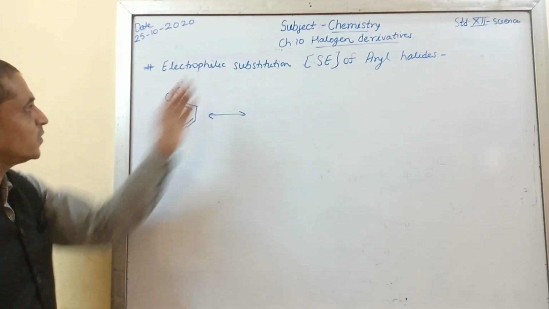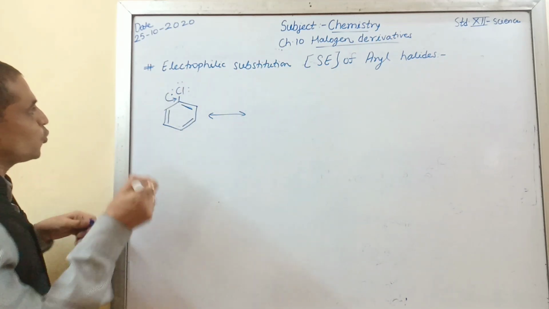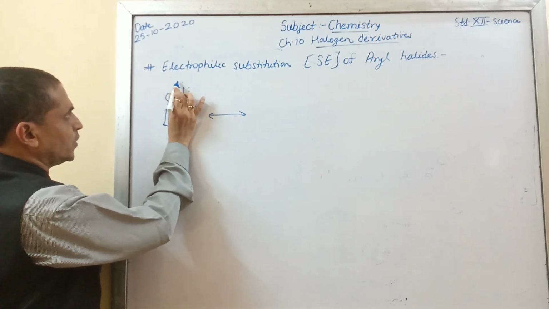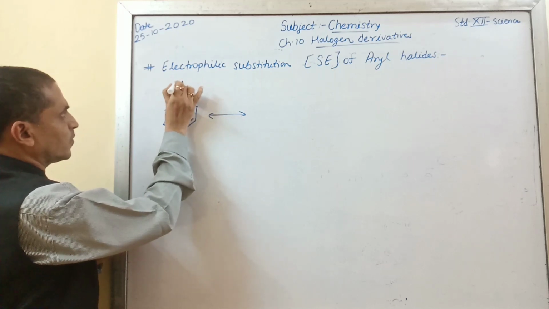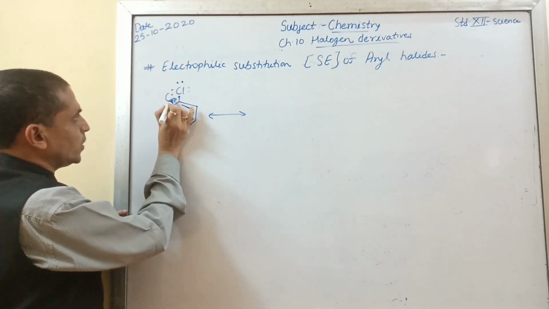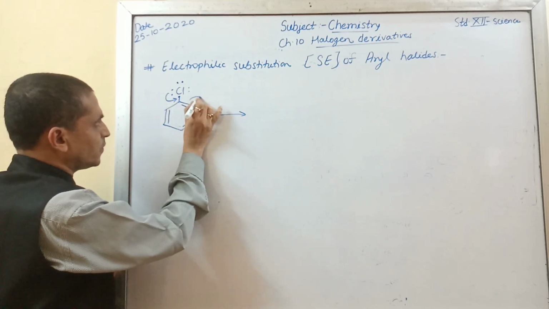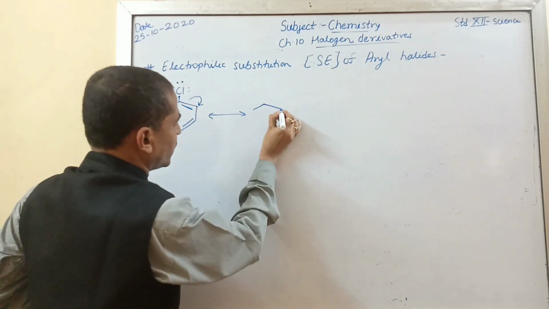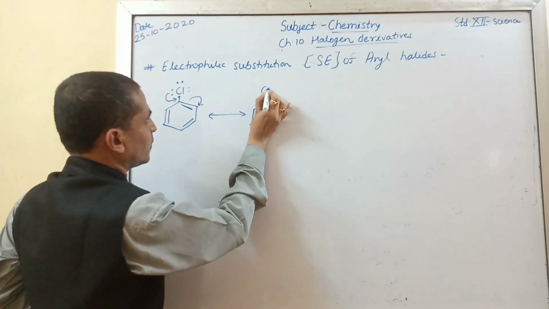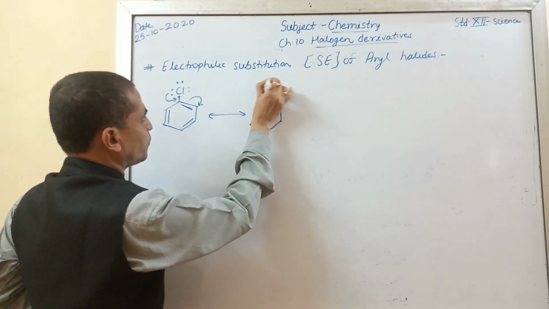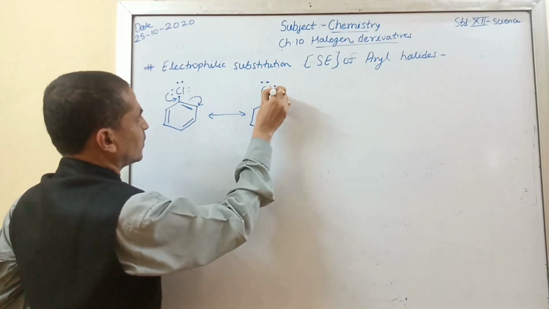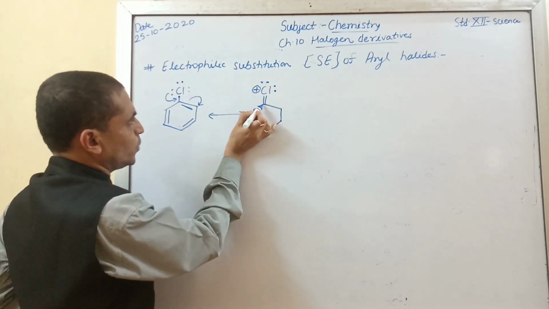Now before going to study this, you must know the resonating structures of chlorobenzene. Now see, chlorine contains 7 valence electrons. But chlorine has the capacity to share 2 electrons and therefore we get resonating structures. What happens here? Here there is a formation of chlorine having a positive charge because it loses 2 electrons.